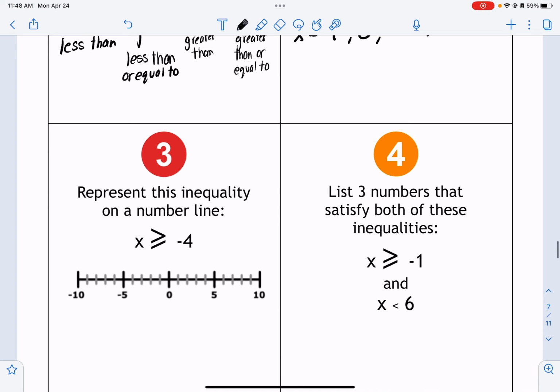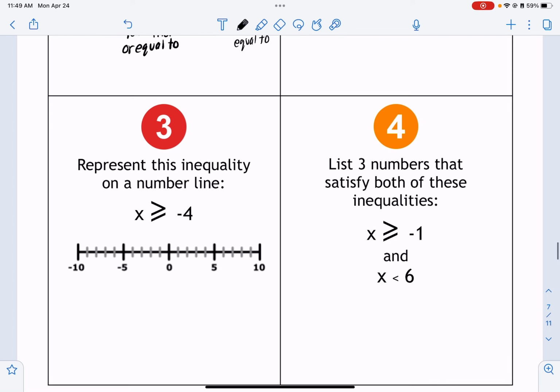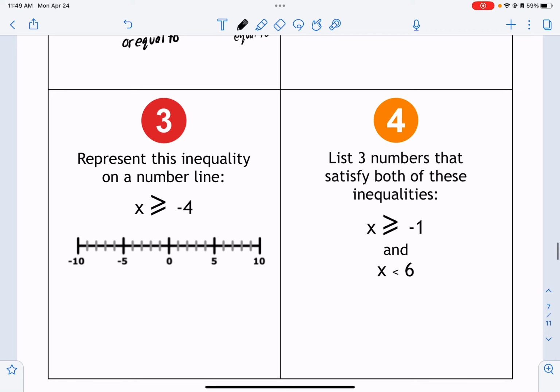Okay. Represent this inequality on a number line. We want the numbers that are greater than or equal to negative 4. When we're talking about number lines, sometimes it's important to think about what numbers are included in this. So before I even draw the number line, let's think about what's in, what's out.